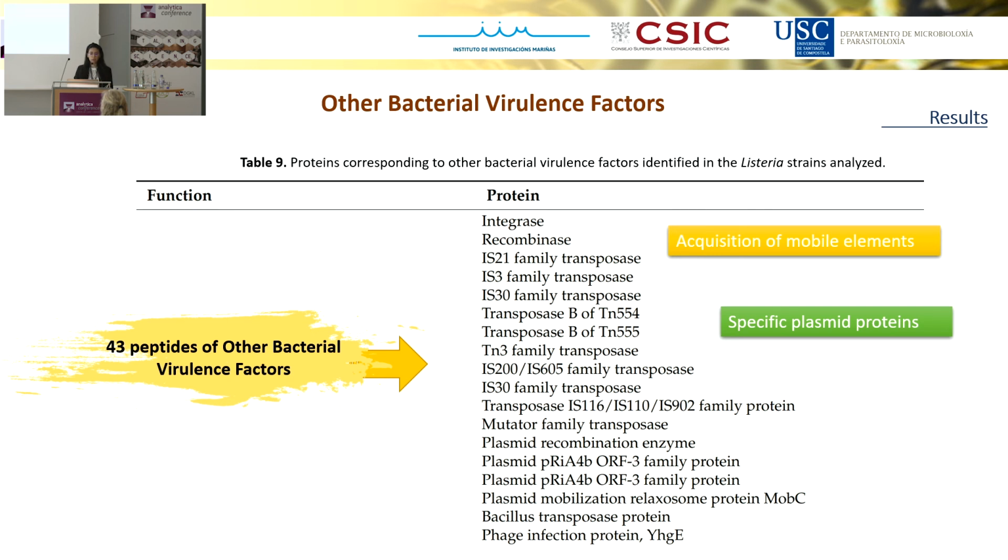Finally, related to other bacterial virulence factors, we have identified 43 peptides, and among these proteins, we identified proteins involved in the acquisition of mobile elements such as integrases, recombinases, and transposons, and also specific plasmid proteins.